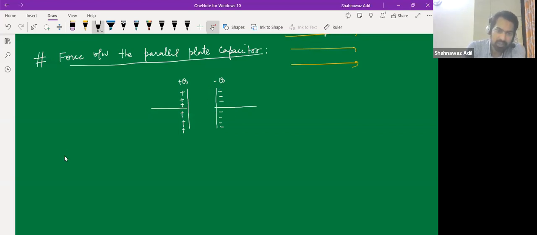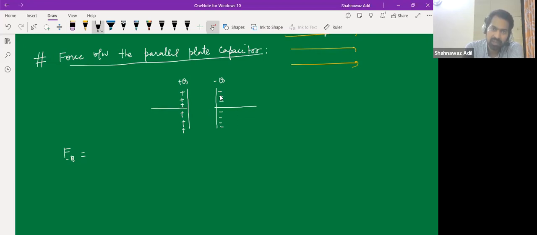So what is the force experienced by this minus Q due to this plus Q charge, or this positive plate? Let me write it as F minus Q. Now we are calculating the force on this plate, so we forget about the electric field of this plate.